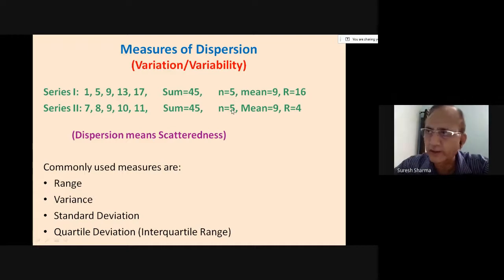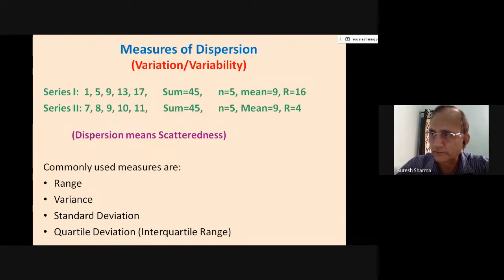Now how do we compute mean? Sum divided by the number. So if I compute the mean, sum will be 45 divided by 5, 9. Now in both the series, mean is 9. Here is my important question. I will not show you the data and ask you that if mean of 5 observations is 9, can you make out whether this has come from series 1 or series 2?